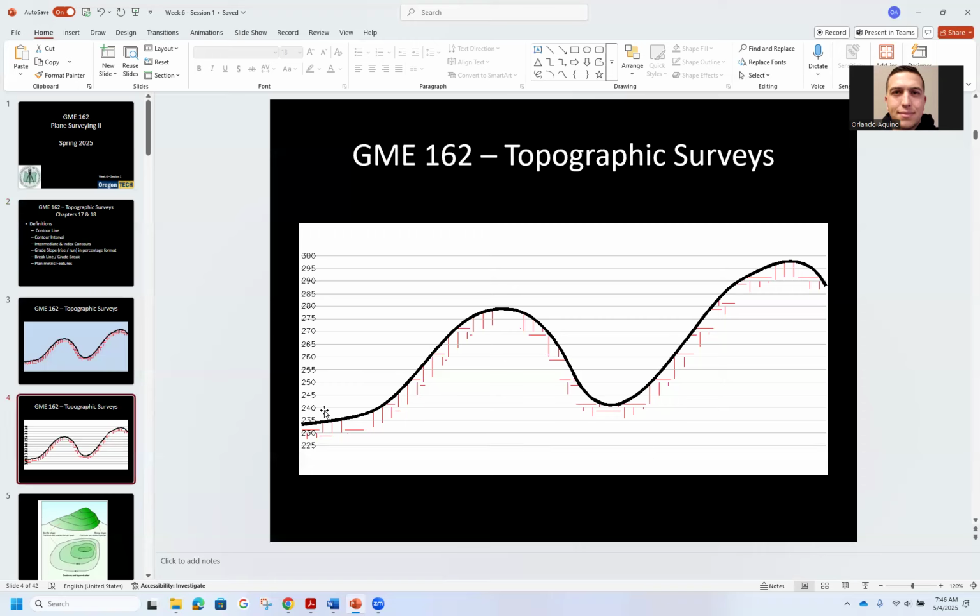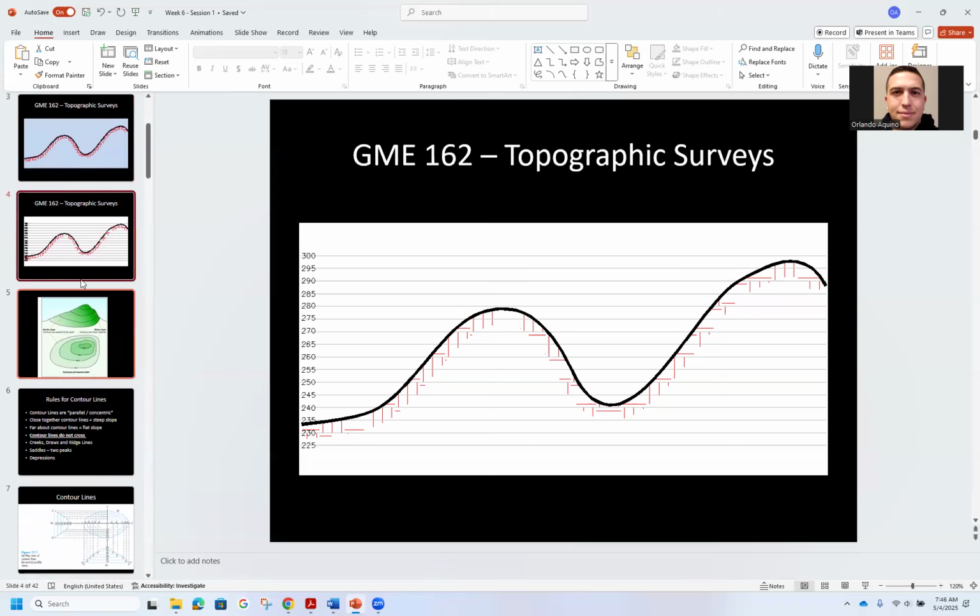We don't have distance, we just worry about elevation on this side. It comes up to about 280 in this area, and it comes right back down to 240. Then again it starts climbing, gets up to between 295 and 300, and starts to descend again.